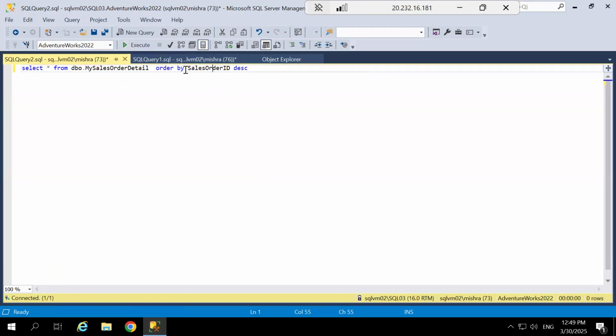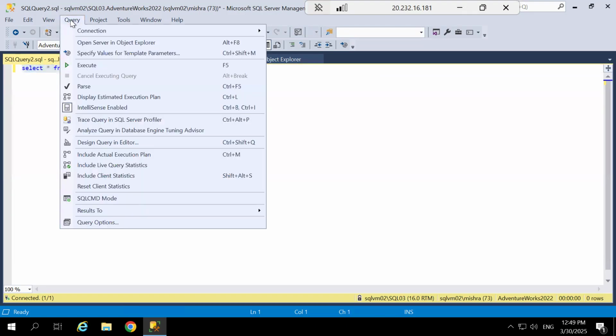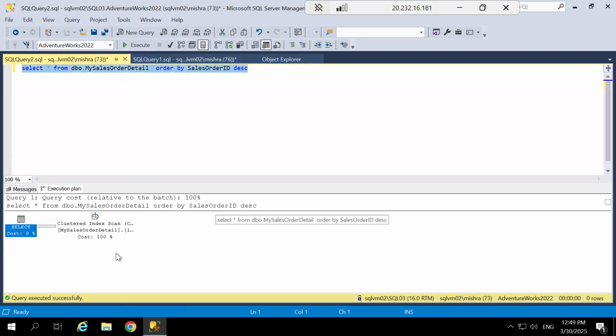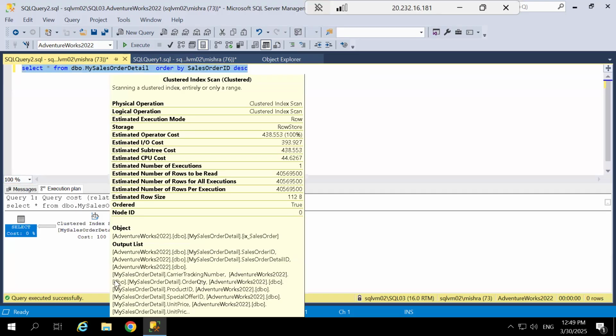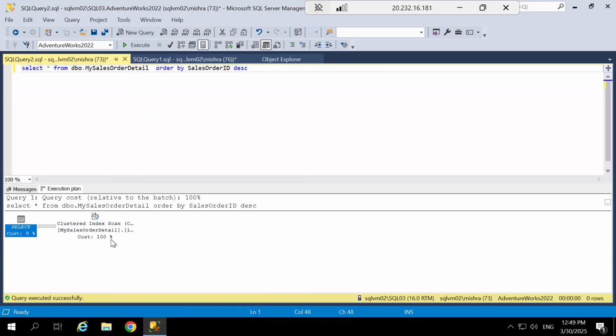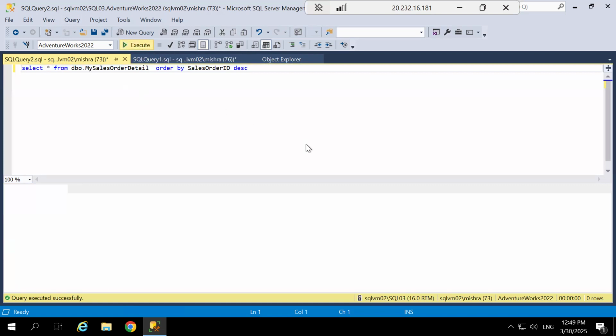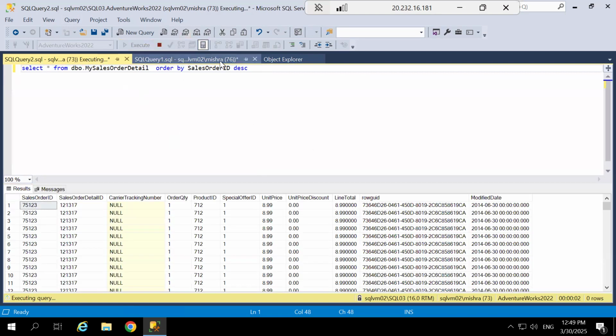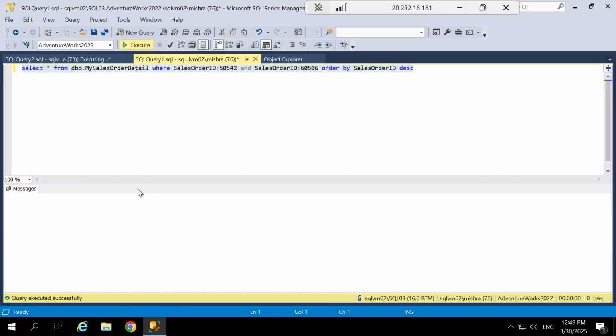Or let us first see its plan with the estimation. Still, it is going with index scan, still with single processor, but no worries. Let's execute it. It will take more time. While it will be executing, we will discuss some other topics. And at the same time, let's execute this one also.